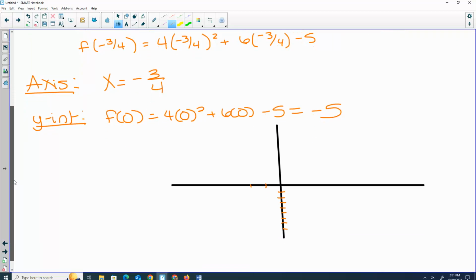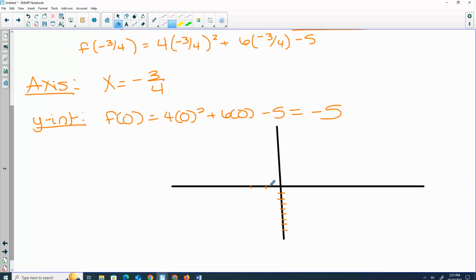Okay, so my vertex is negative 3/4, negative 29/4, or negative 7.25. Axis of symmetry is a vertical line going through that. The y-intercept was negative 5.